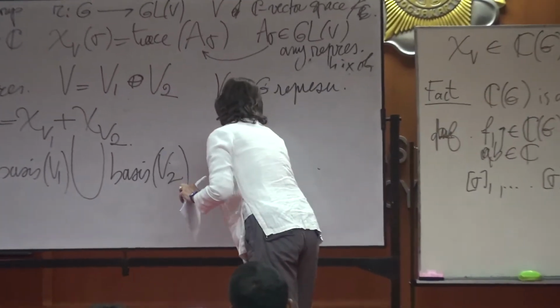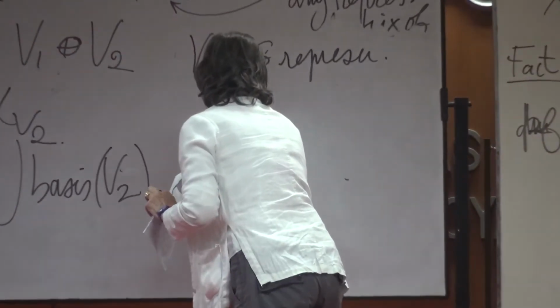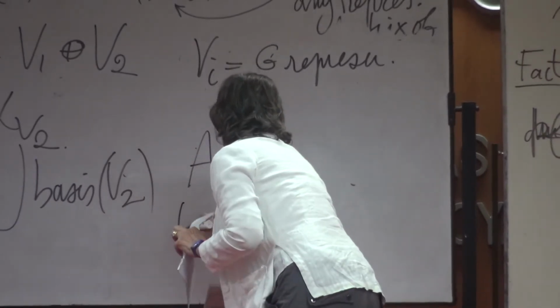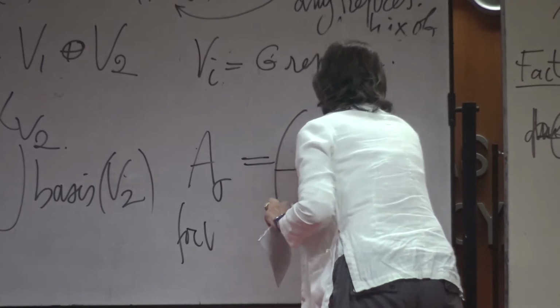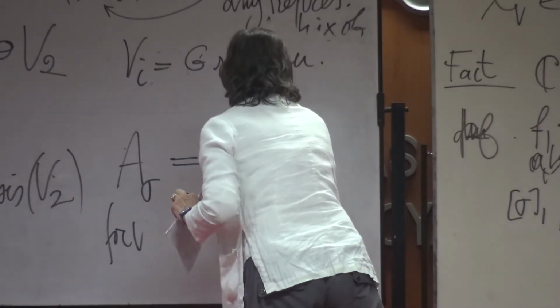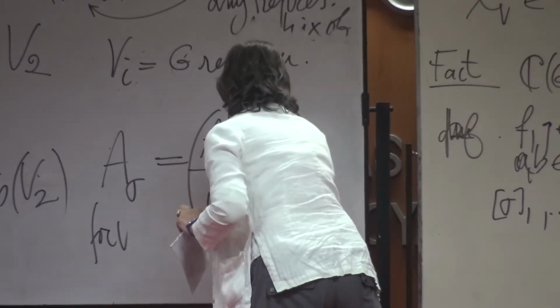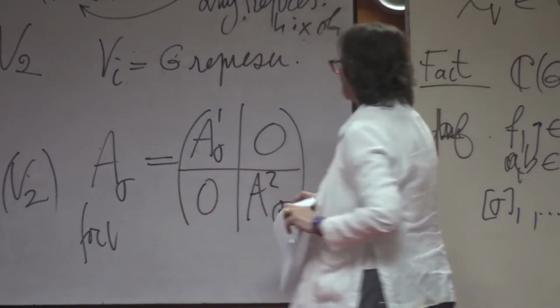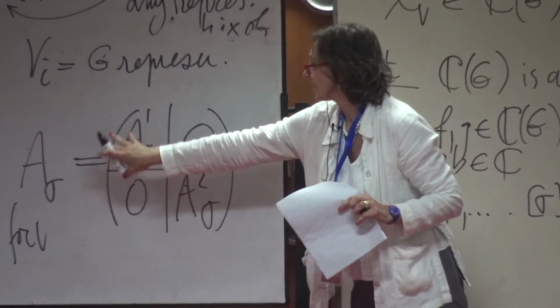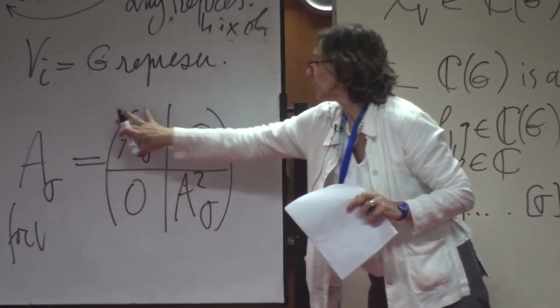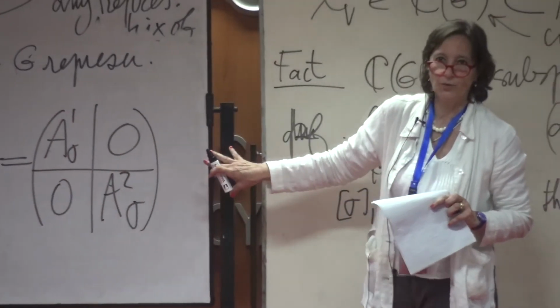So A sigma for V will be something like A1 sigma, 0, 0, A2 sigma. And so the trace of A sigma will be the sum of the traces of the two components.